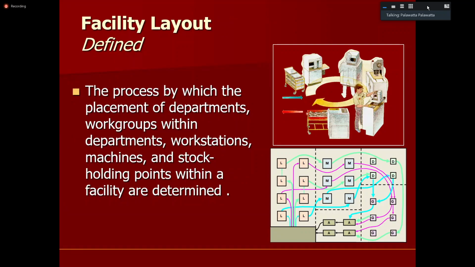So that is one way, and also within the machine, within the work center. Let's say, for example, this particular person has to process the item using 1, 2, 3, 4 machines, right? So the input comes in, and then he has to use this machine, and then this one, and then that one, and then this one. So then the output goes out.